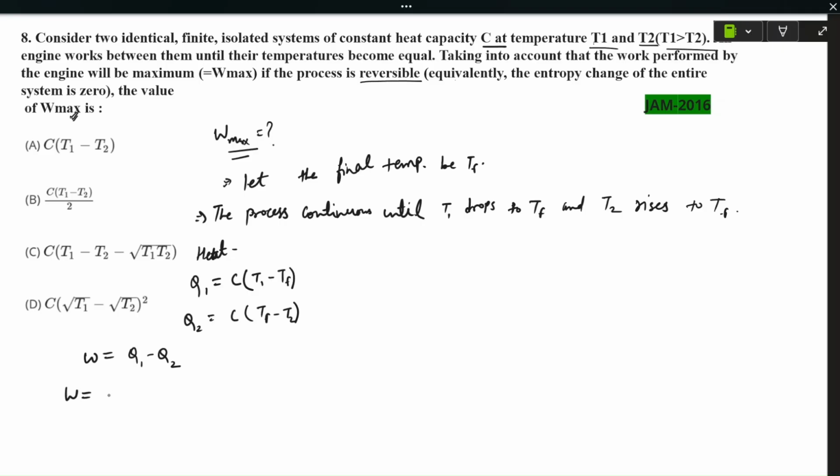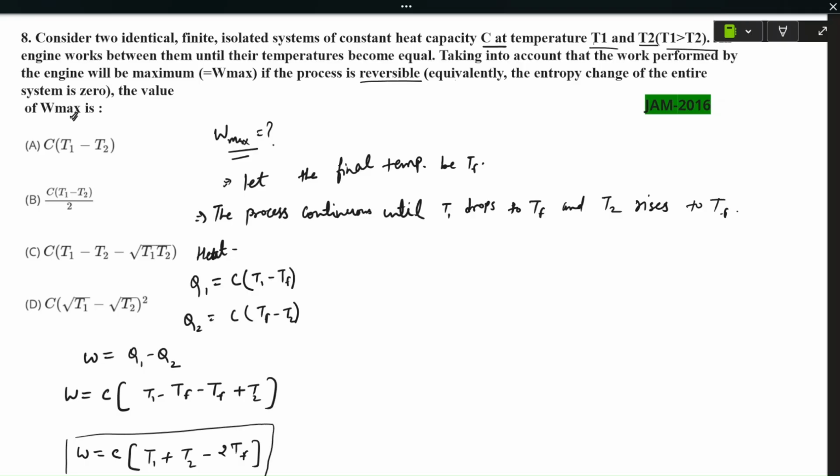So work done is equal to C, which is constant, times T1 minus T final minus T final plus T2. So W is equal to C times T1 plus T2 minus 2 T final.